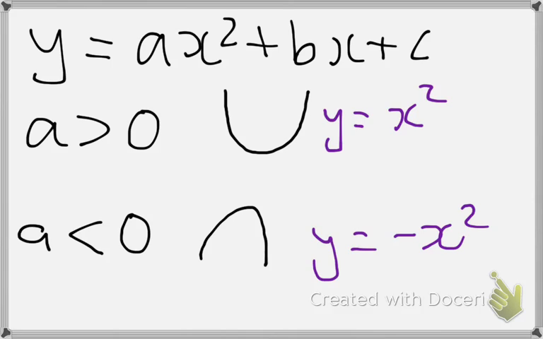And if a is less than 0, then the parabola is said to be concave down, or sad face. So an example of a happy face parabola is y equals x squared.